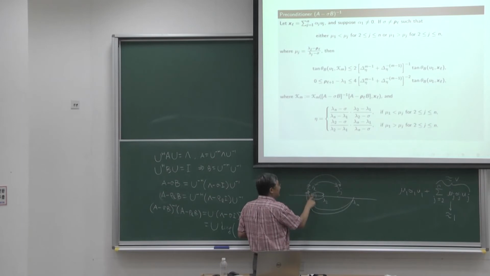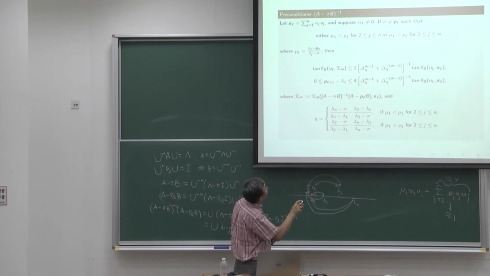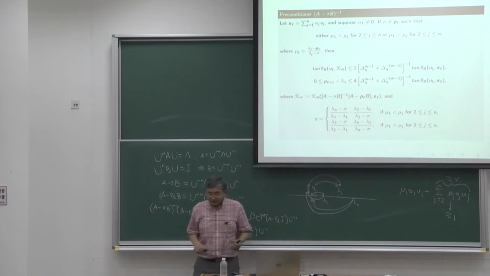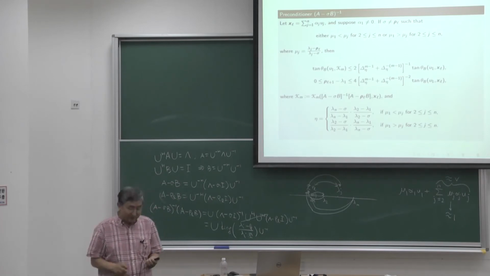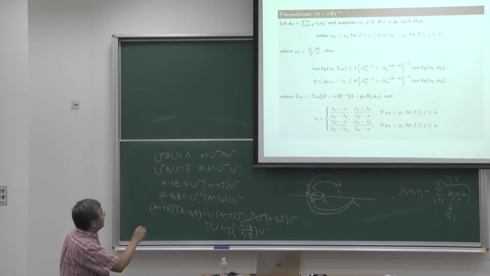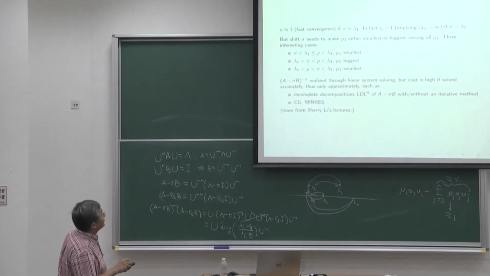That's why you need sigma also near lambda 1. Okay. In fact, in a special case, if sigma equals lambda 1, this eta would be 1. That would be a coincidence. Usually it doesn't happen in practice. Okay. So that's the first explanation of using, kind of, inverse iteration, one step, as a preconditioner. All right. So we just mentioned that.